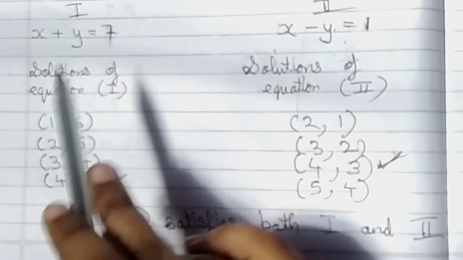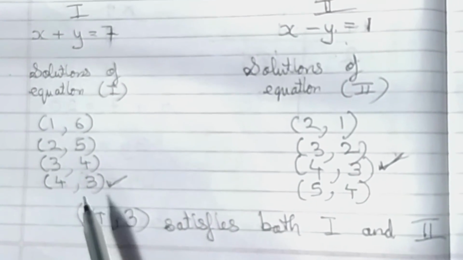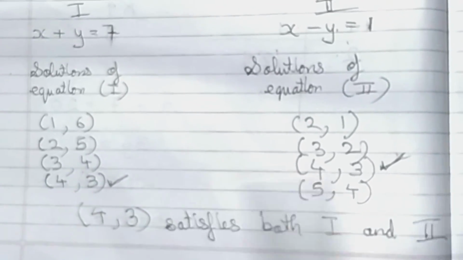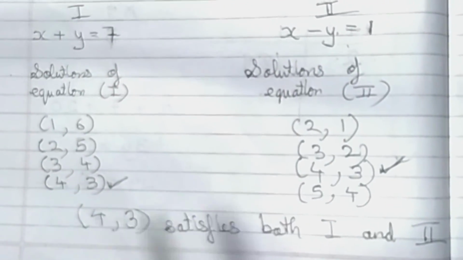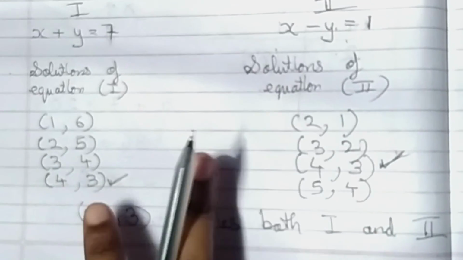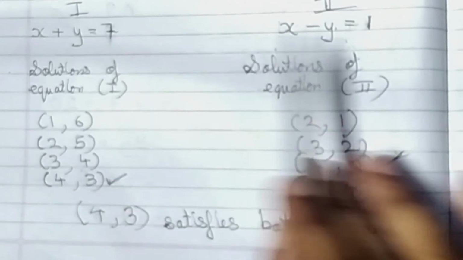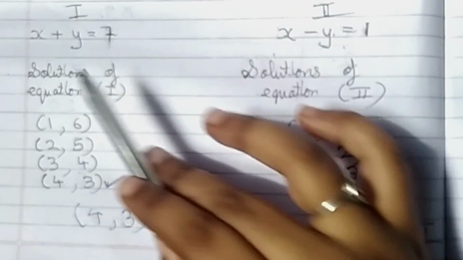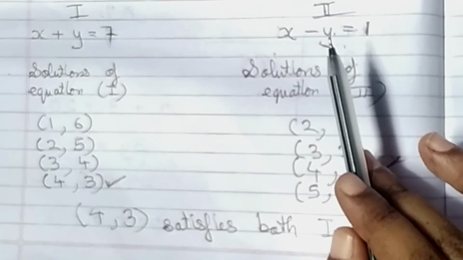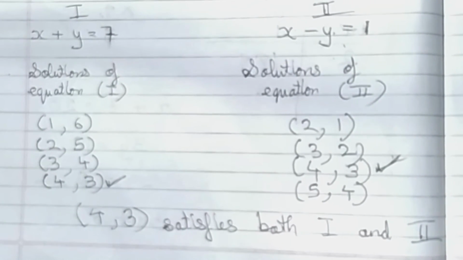It will satisfy both the equations. Unique means only one common solution we will get for both the equations. Then such a set of equations is called simultaneous equations. So we call it simultaneous linear equations in two variables.